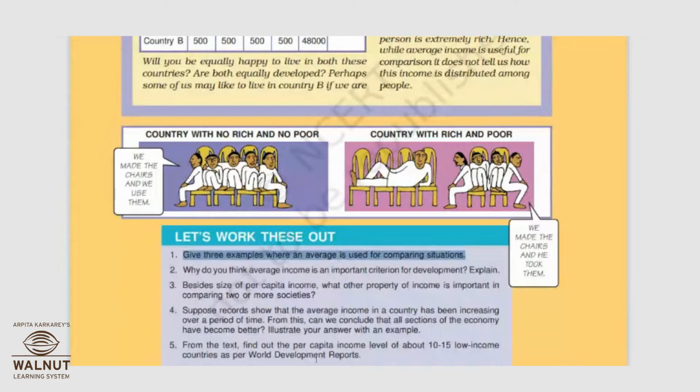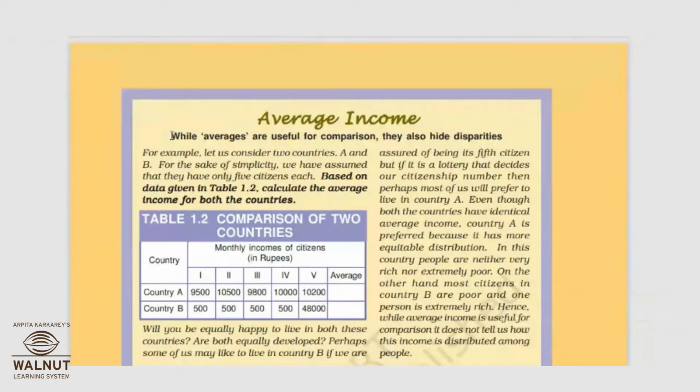All right. So what does this statement mean? In a class of 35 students, if I'm trying to find out the average height or average weight of the students of that class, or the average marks of the students of that class, I come to a particular figure.